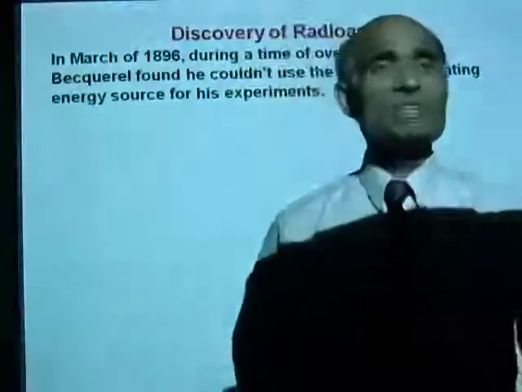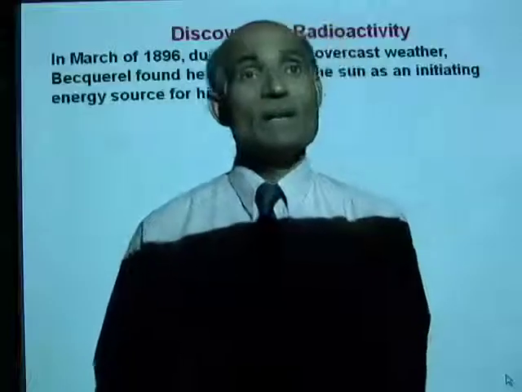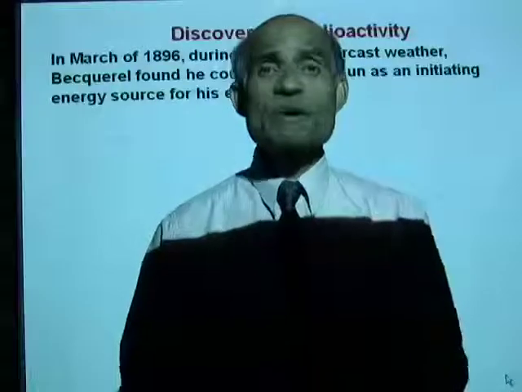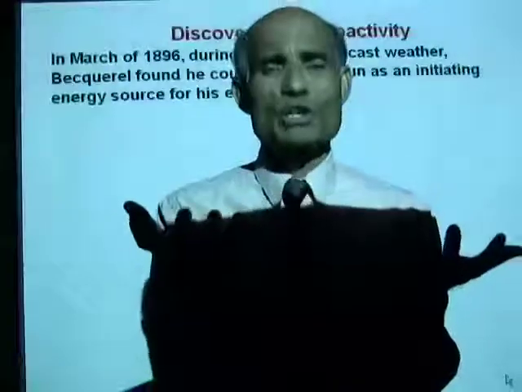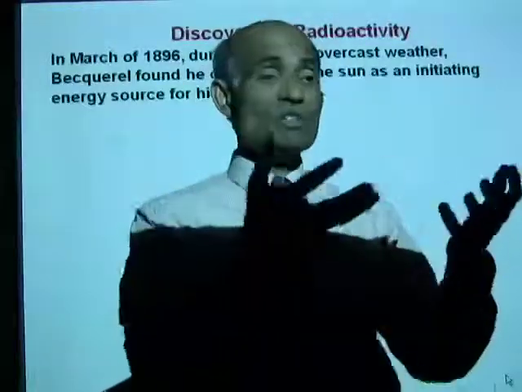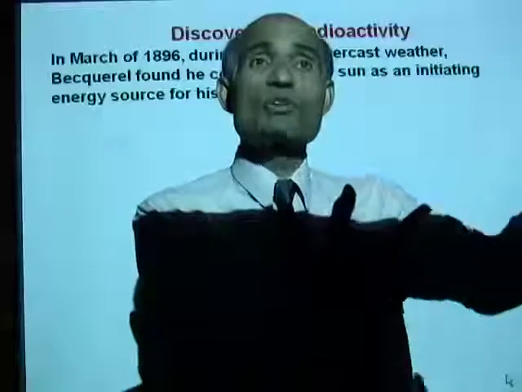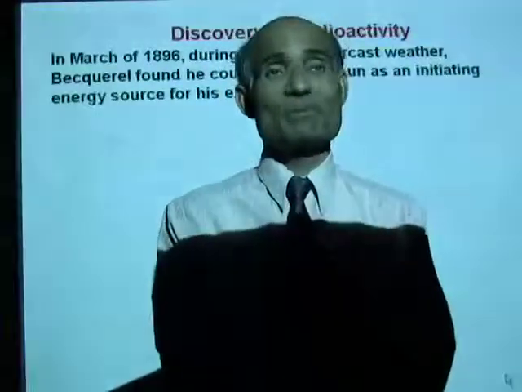Radioactivity was discovered by a scientist called Becquerel. Becquerel was experimenting with a sample of uranium salt, and for his experiment he needed sunlight, because he exposed the uranium salt to sunlight and he was studying the property of that material.